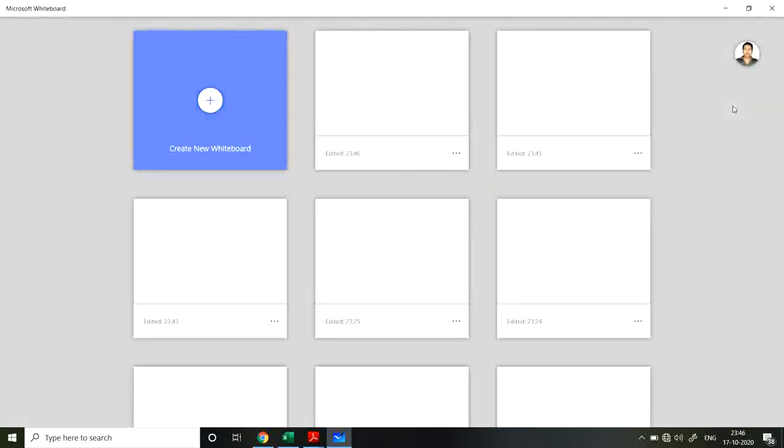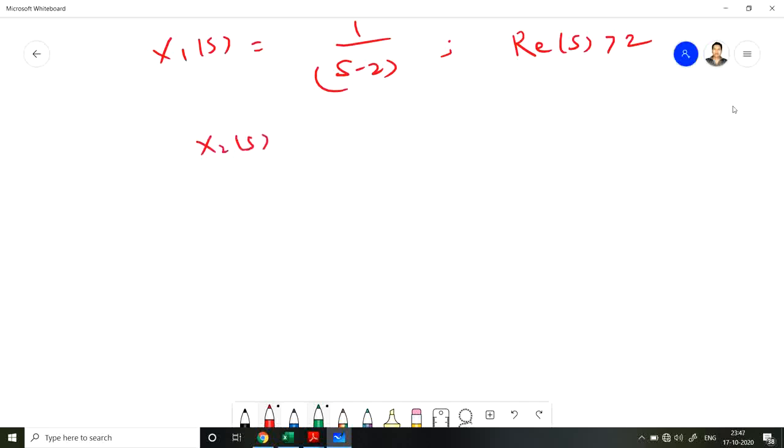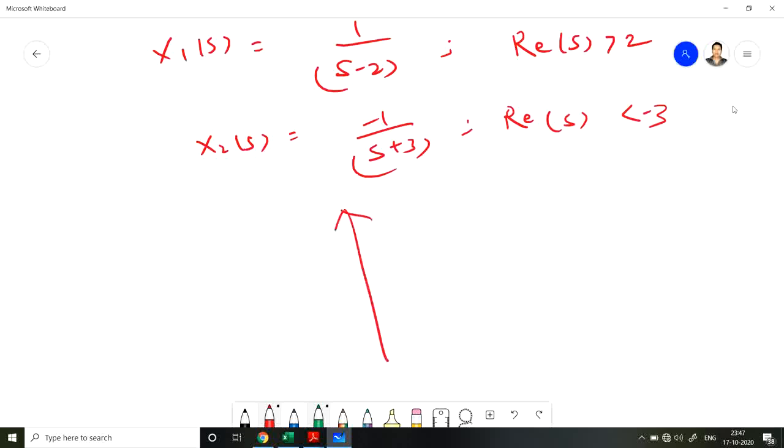So we have X1(s), which is 1 divided by s minus 2, and the ROC is real part of s greater than 2. Then we have X2(s), that is minus 1 divided by s plus 3, and the real part of s is less than minus 3. So let us draw this.